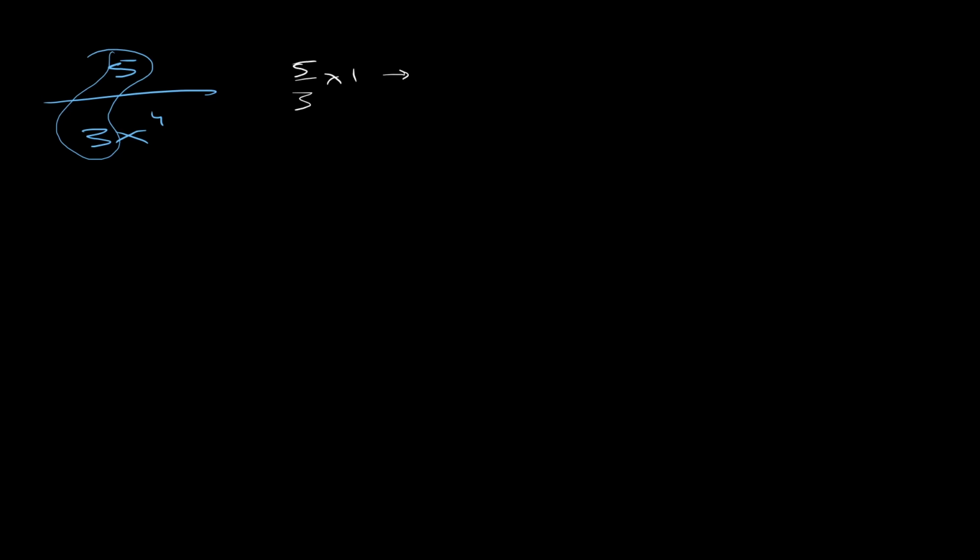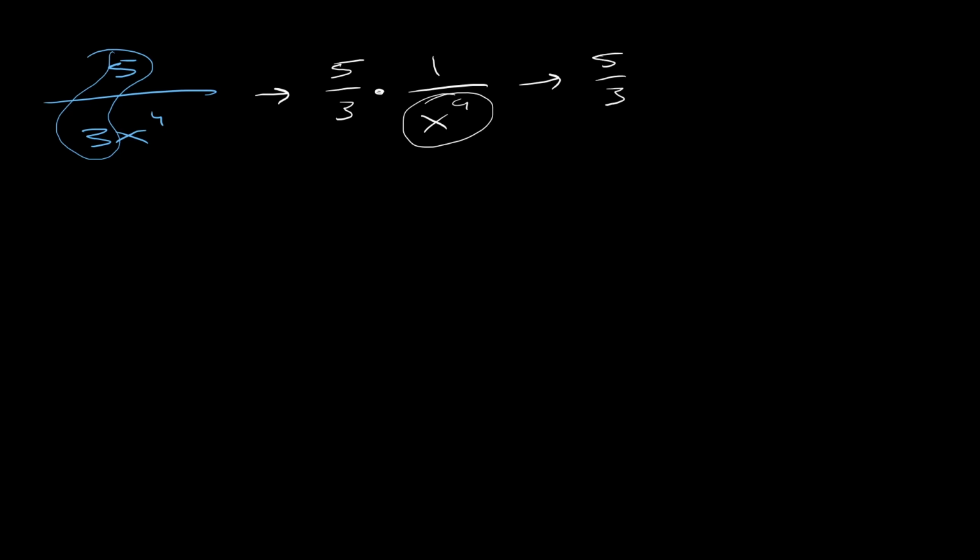So what we're doing here right now is just getting rid of this term and putting it in a way that makes it easier for us to solve the expression. So we have 5/3 multiplied by 1 divided by x to the 4th power. And as we've seen before, we can change this expression in a way that is more workable for us. And because it's positive in the denominator, we can change it to negative in the numerator.